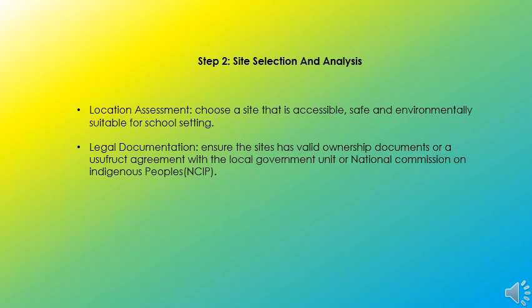This is the most important in finding a site. We need to ensure that the site has valid ownership documents or a usufruct agreement with the local government unit or LGU, or the National Commission on Indigenous Peoples or NCIP for those areas under the territory of ancestral domain or ancestral land.